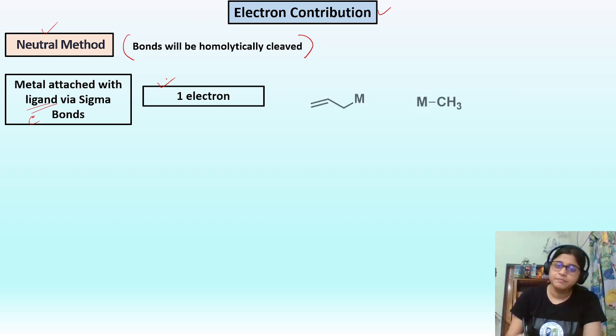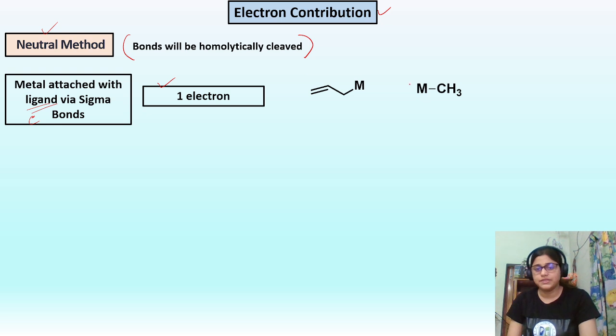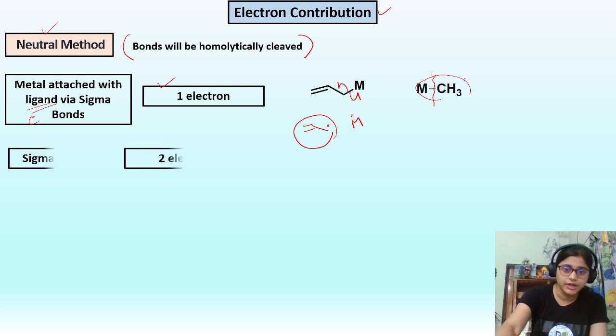Like we have shown examples in the previous slides, if you see there is an M-C bond, one bond. If you homolytically cleave it, since a bond consists of two electrons, one electron goes to each side. So the contribution from this ligand will be one electron. And for M-CH3, again M dot, CH3 dot, so the contribution will also be one electron.